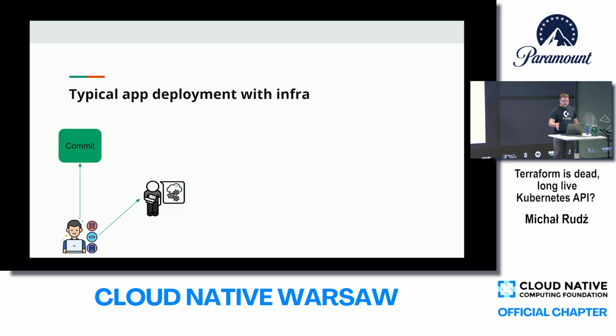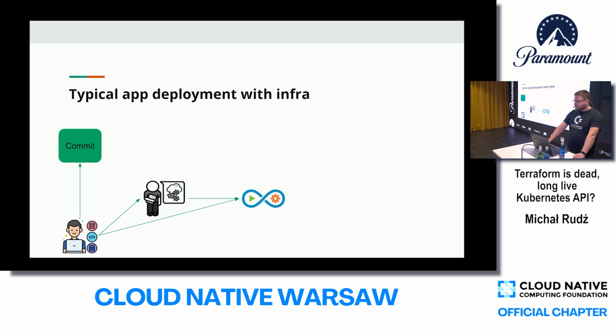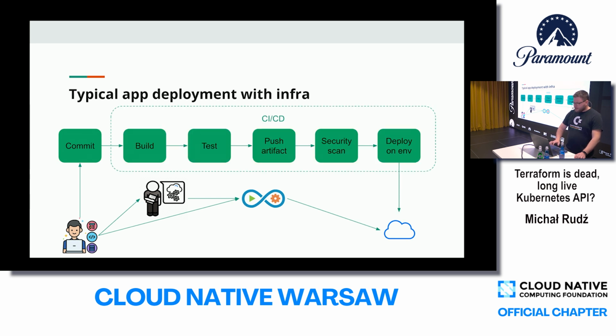One path is he contacts the DevOps engineer, and the DevOps engineer adds some code to the Terraform in the repository and runs some process to deploy that. Or if our developer is quite handy with the DevOps tools, he can do this by himself, and at the end of this, we will see the new element of infrastructure, and the whole process goes the same way.